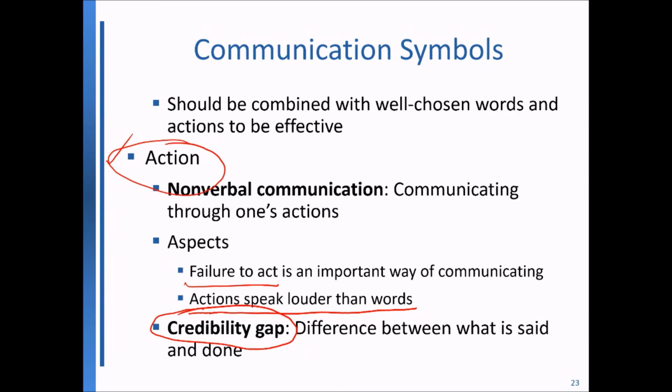For example, you are saying, I'm fine, but in your action or your facial expression, you are not fine. So there is what we call a credibility gap. You understand what a credibility gap is now? It is that what you are saying is not what you are showing. Have you experienced that? Sometimes you are saying something, but the action is different.